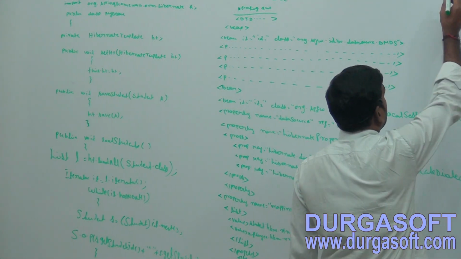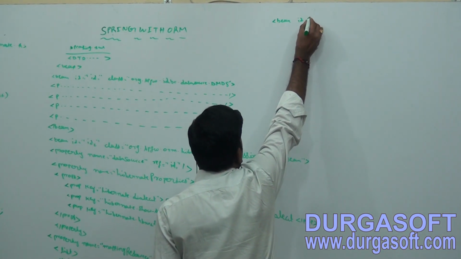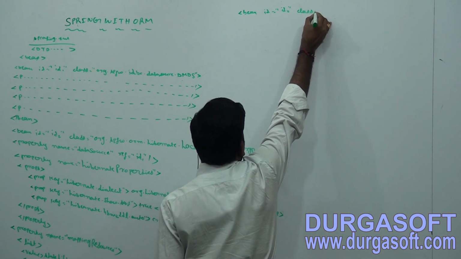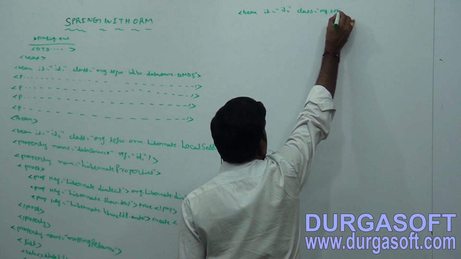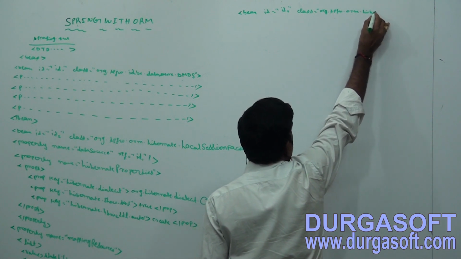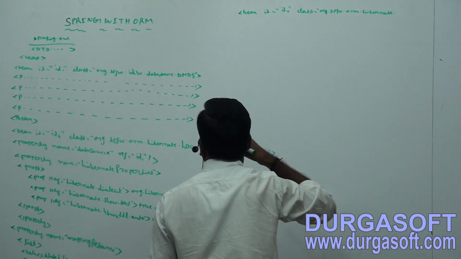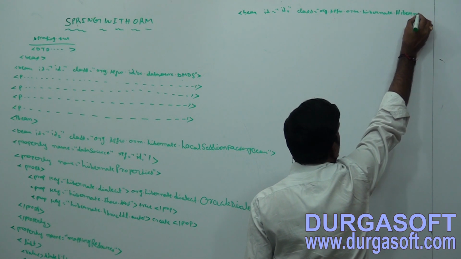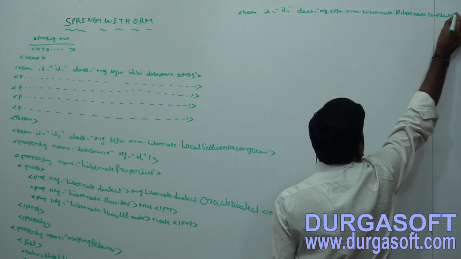So now, continuation. Bean id is equal to id3, class is equal to org.springframework.orm.hibernate.HibernateTemplate. Hibernate template.